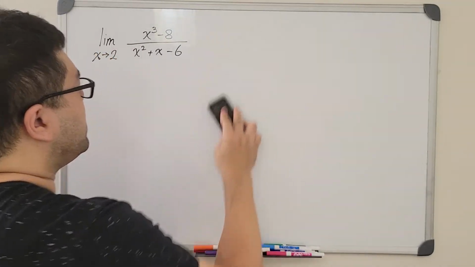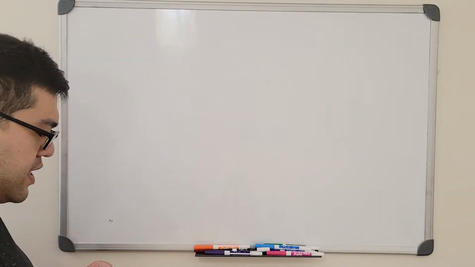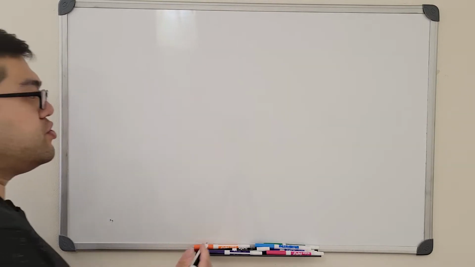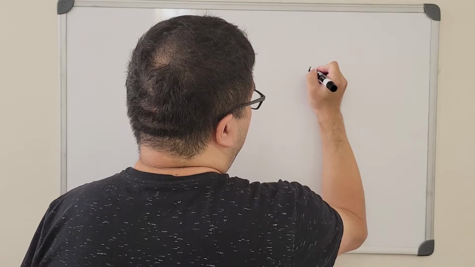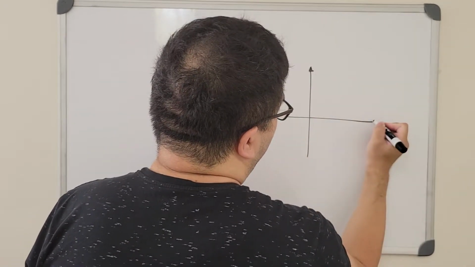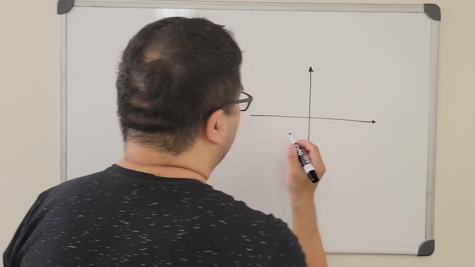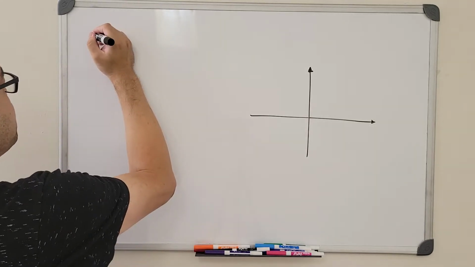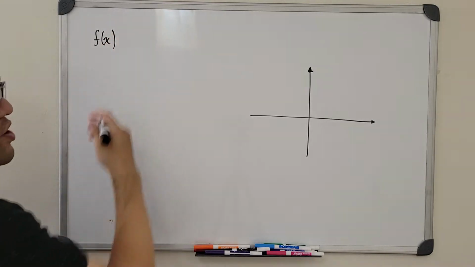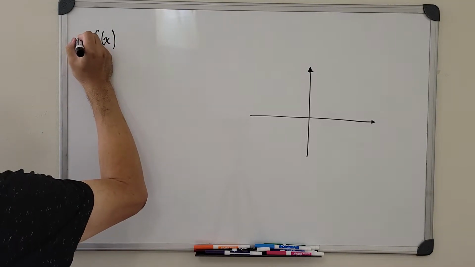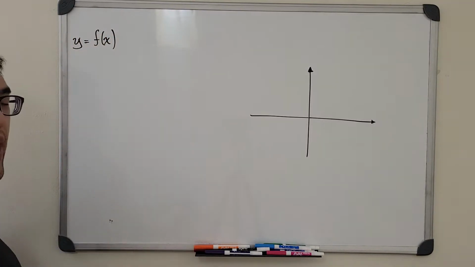Now, if we look back to our graph, this time I'm going to make a 2D plane, meaning that we're going to do the graph with both input and output. So let's call the expression a function f of x, or we can call it y as our dependent variable.